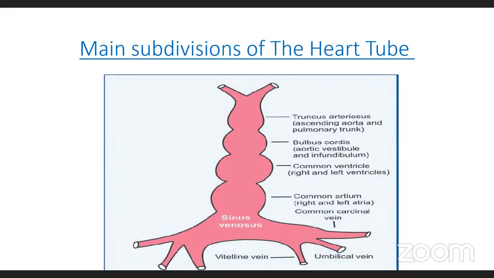These outflow tracts are the dorsal aorta. The dorsal aorta comes from the area here called the aortic sac. This area here is called the truncus arteriosus. Below the truncus arteriosus is the bulbus cordis. Below the bulbus cordis is the primitive ventricle. And below the primitive ventricle is the primitive atria. And below the atria is the sinus venosus.